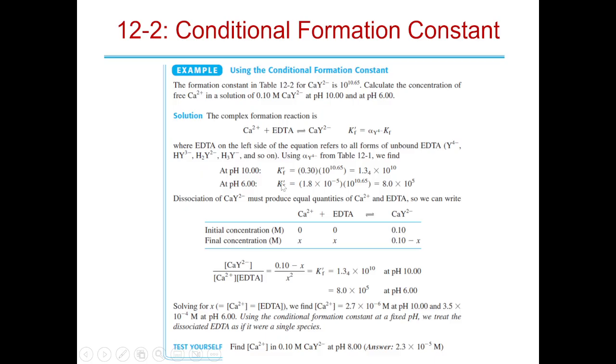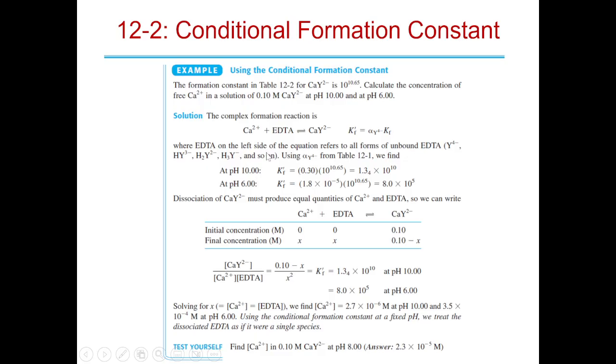So again, technically speaking, this would be better served to either have a double prime here, or to actually just label this as KF10, KF6. That would be what I would do, so I can't screw up and mix them up, okay?